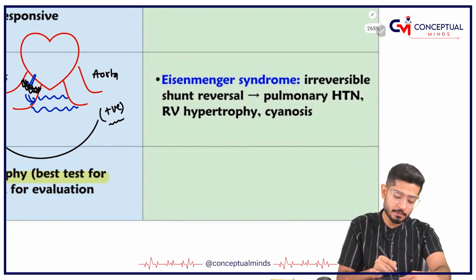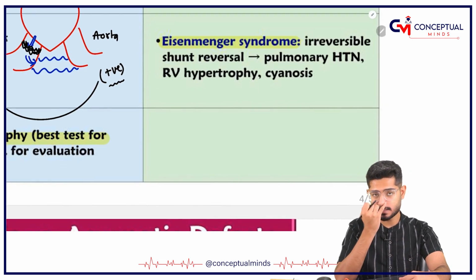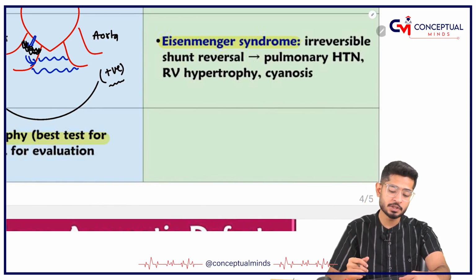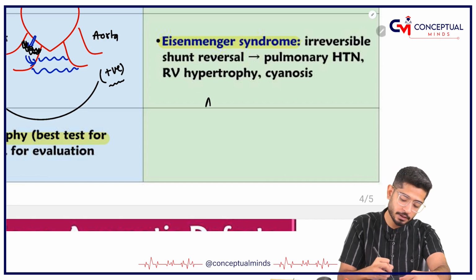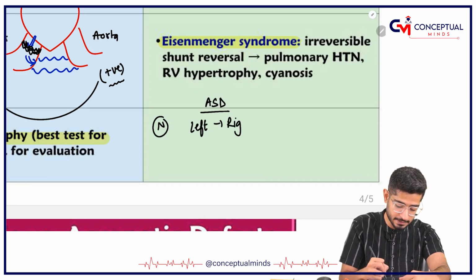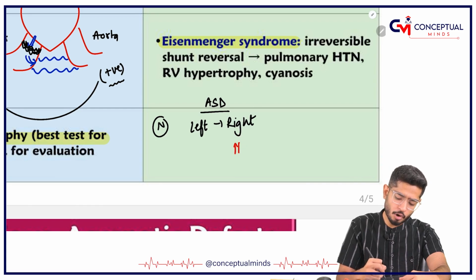Now, what is Eisenmenger syndrome? This is extremely important. Eisenmenger syndrome means there is a shunt reversal. For example, in ASD, I told you that normally the blood goes from the left side to the right side. But a stage will come where there will be a lot of blood on the right side and less blood on the left side.